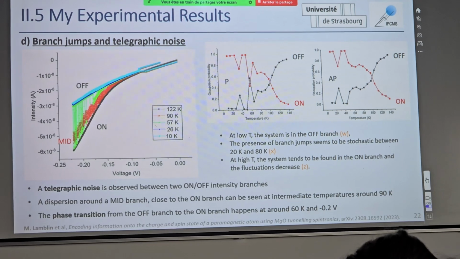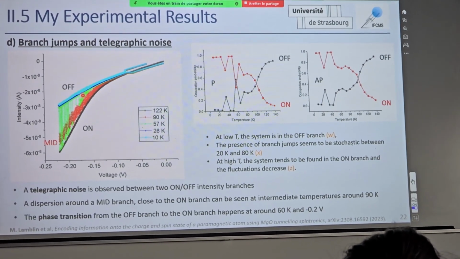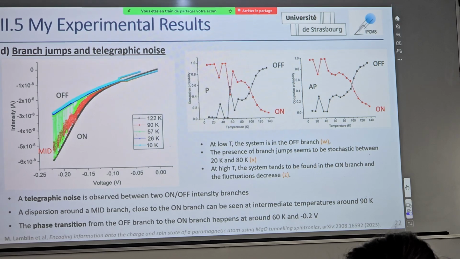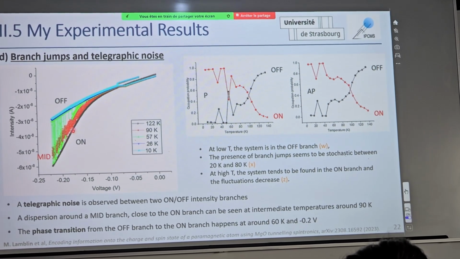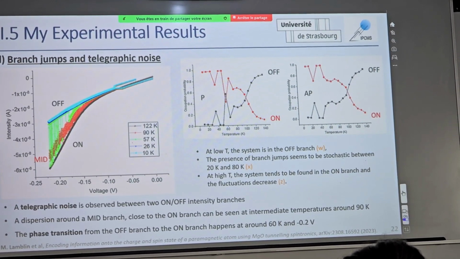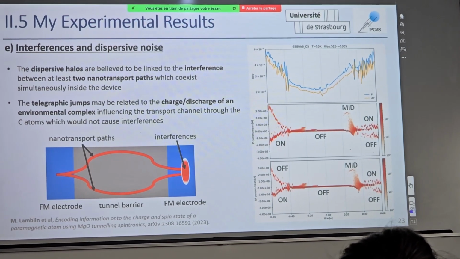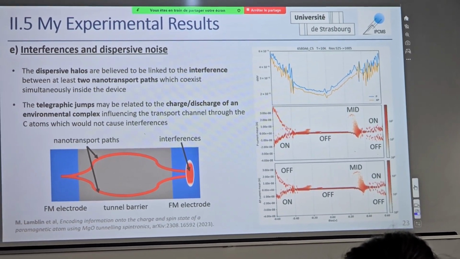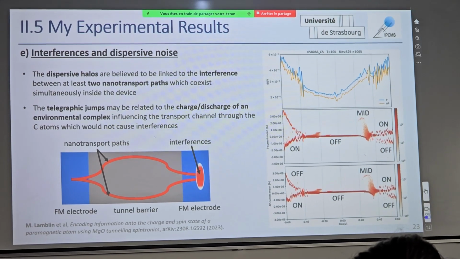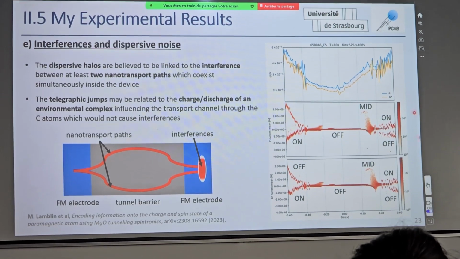And then I also studied the jumps that occurred at the specific biases at which you can switch branches. And so, depending on temperature, I found two different types of noise: a telegraphic noise between the two branches, and a diffusive noise centered around one branch. And in a statistical analysis, I studied these noises in more depth with respect to voltage, and so I observed distinctive features.